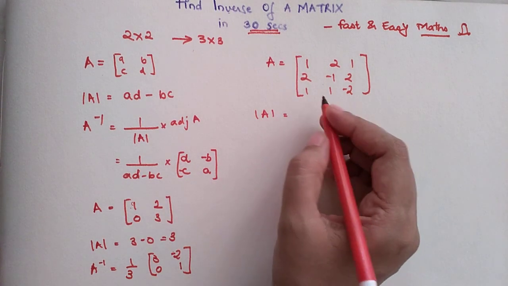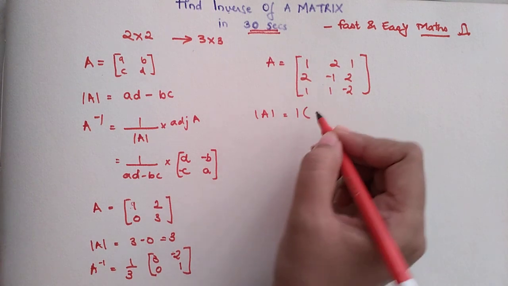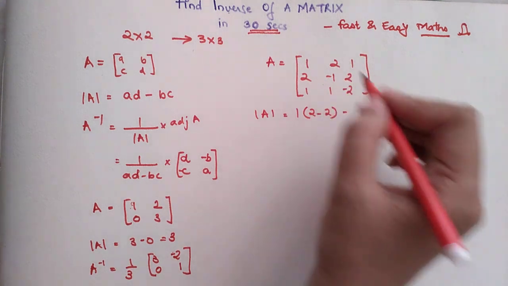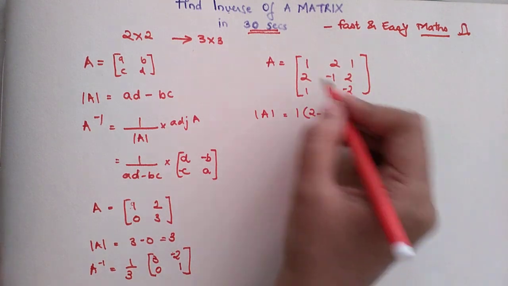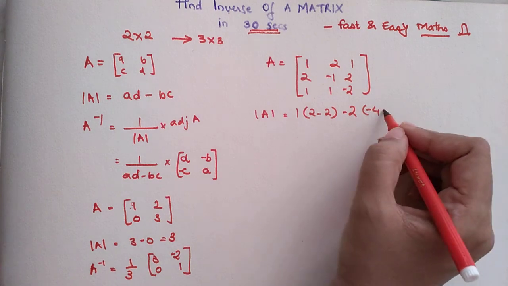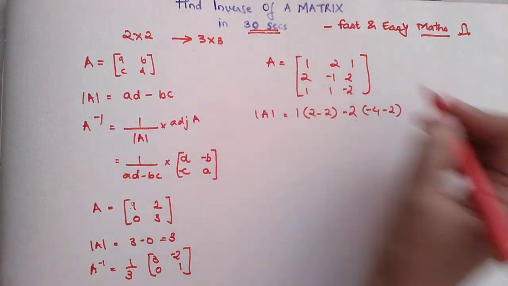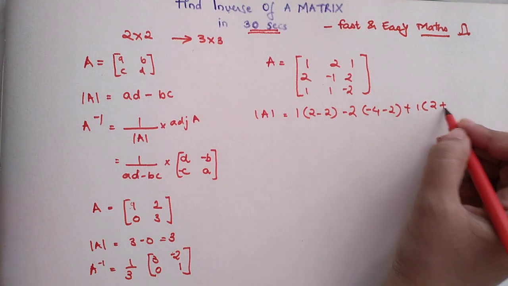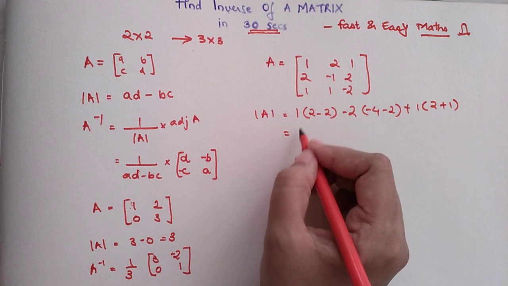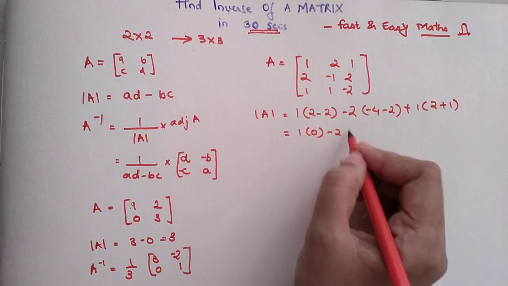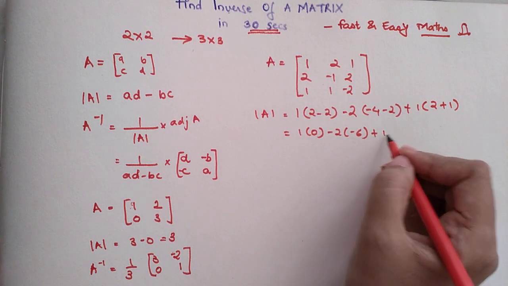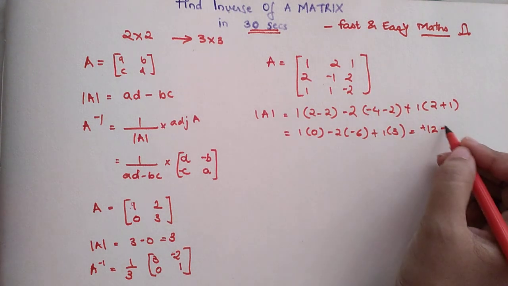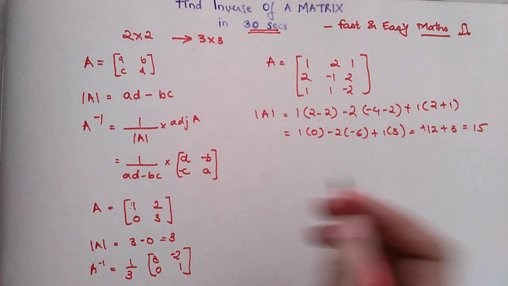So the determinant is nothing but 1 gets multiplied by (2 minus 2), plus... this 2 gets subtracted and this gets multiplied by (minus 4 minus 2), and then this 1 gets multiplied by (2 plus 1). So this is 1 into 0, this is minus 2 into minus 6, plus 1 into 3. So that gets you plus 12 plus 3, that gets you 15.